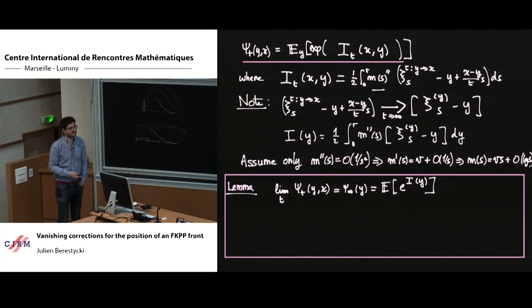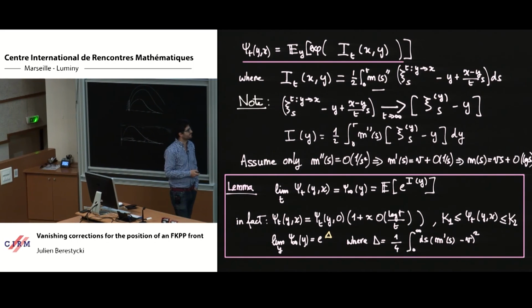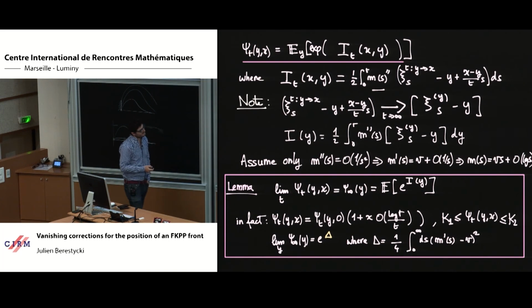There's a little bit of work, but it's really doable. And in fact, you can do better here. What you can show is that this term psi t of yx is uniformly bounded between two constants, and also the dependence on x does not really matter.